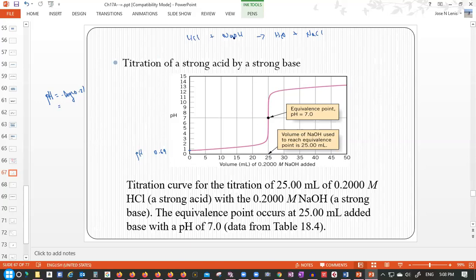1 mole neutralizes 1 mole, and 0.2 molar will neutralize 0.200 molar if you have exactly the same volume, like we do here. So you will see this vertical line, and then you reach the equivalence point here exactly at pH 7.